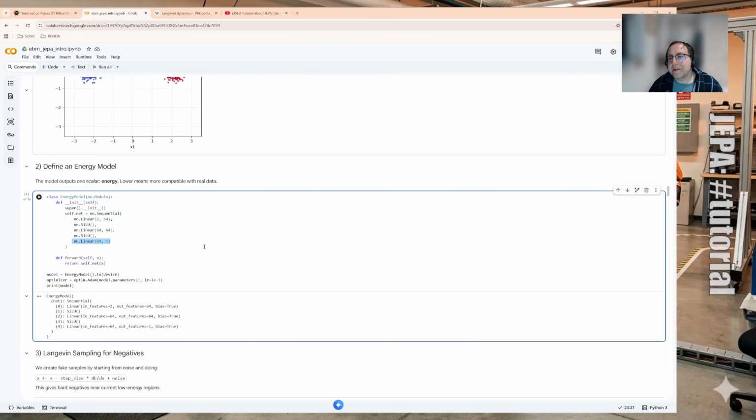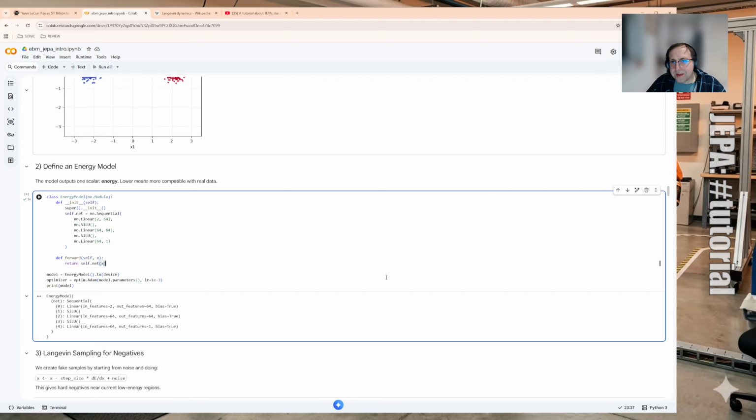Does this belong to the original distribution? And as you can see here from the output, you have a linear layer which just gives you a number. There is no softmax, no sigmoid, just a number. And Adam is the optimizer, but you can use, I believe, everything else. I haven't tried, but feel free to try and let me know what happens if you use another optimizer.